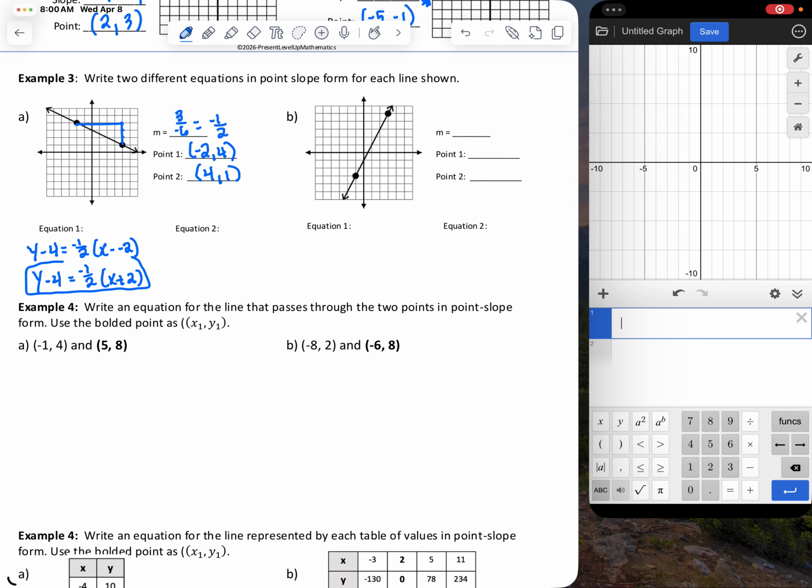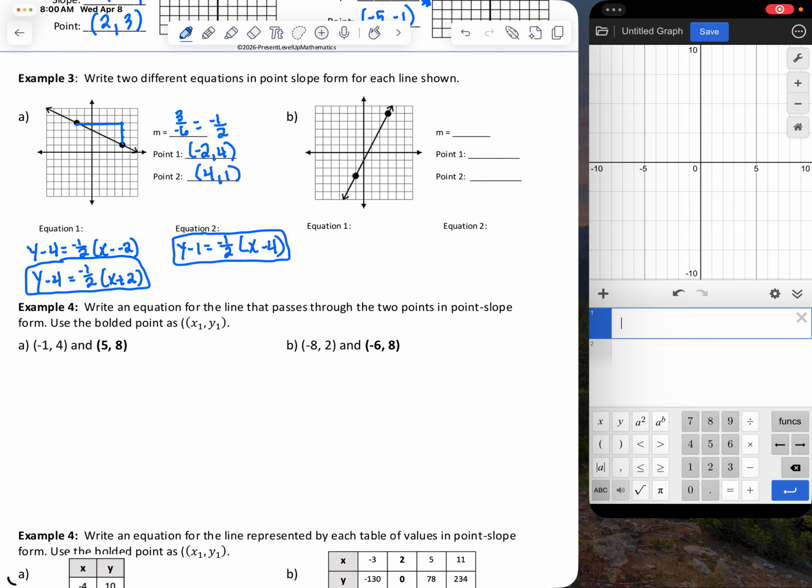So there's our first equation. All right, our second equation would be y minus 1 equals negative 1/2 times the quantity x minus 4. Nothing I need to simplify here, so I'm going to box it in.